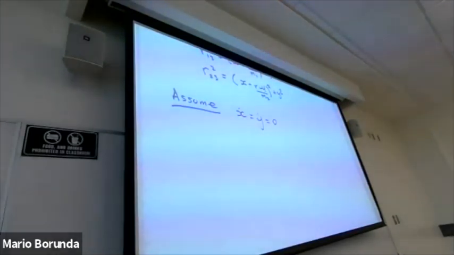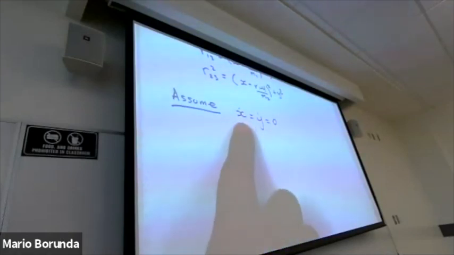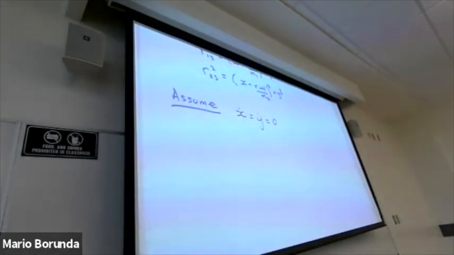So we're going to restrict ourselves to this type of solution. What does this solution mean? What are we doing with that assumption? Sorry? Well, what are we talking about with the x and the y? What is that the position of?